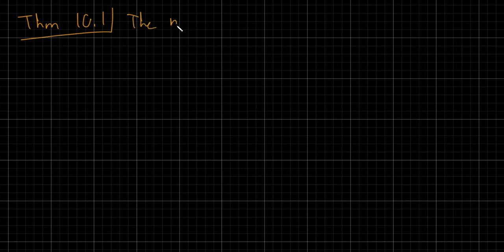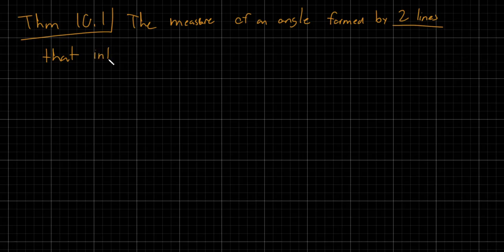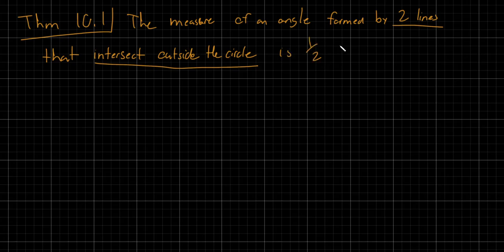10.1 says the measure of an angle formed by two lines that intersect outside the circle, that's the important bit, intersect outside the circle, is 1/2 the difference.